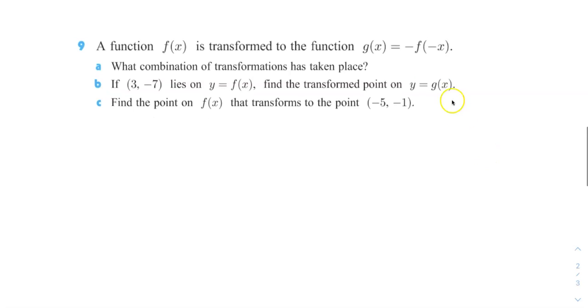So next one, similar idea. A function is transformed by the graph of this, and now it's doing a vertical flip and a horizontal flip. What combination of transformations is taking place? So we'll say a horizontal reflection and a vertical reflection.